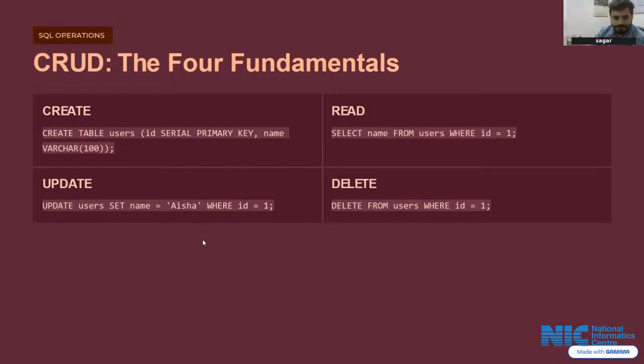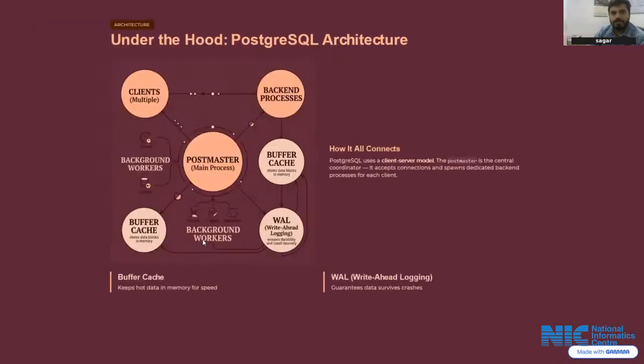So moving on, we have PostgreSQL architecture. So let's understand what it is. Understanding PostgreSQL architecture helps you appreciate why it is so reliable. It operates on a client-server model. Okay, one client and server.